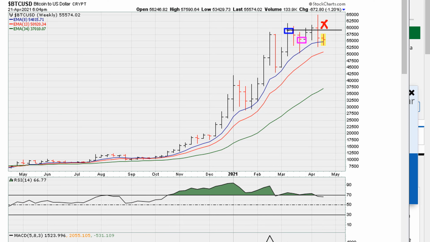So to correct this, it would need to successfully break out above the weekly closing high from March. And to be clear, it is this area right here. Now, we can say that this is a base right there.